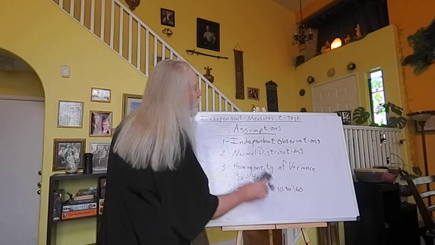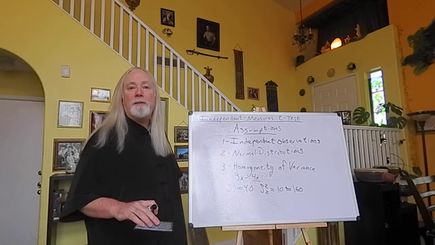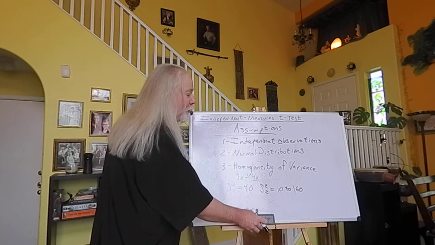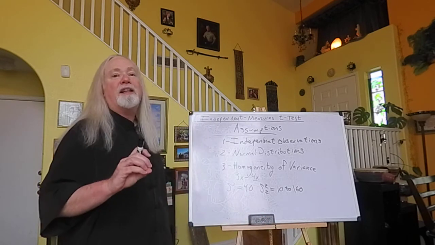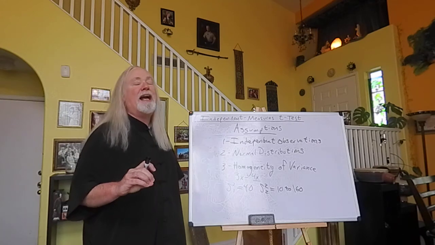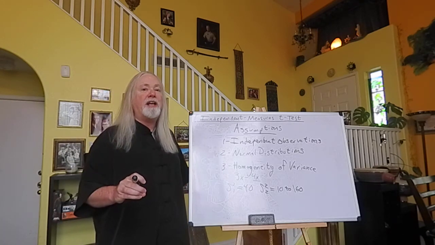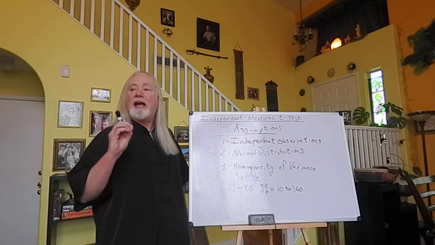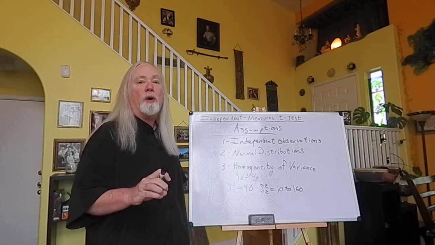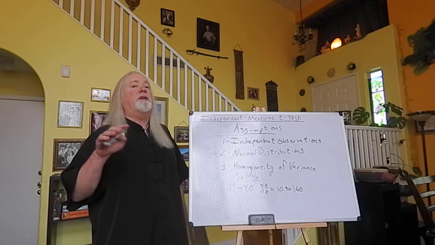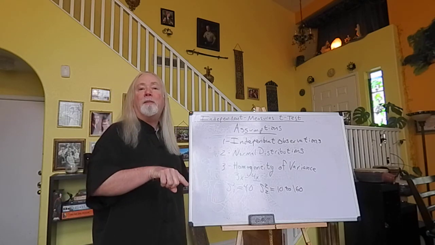So those are our 3 assumptions for an independent measures t-test. The last thing I want to do with you, exactly like we did in Chapter 9, is review the mantras. I hope every time you're studying, one of the things you're studying is your mantras. They're fundamental to success in this course. So, mean differences, the difference between sample mean 1 and sample mean 2.